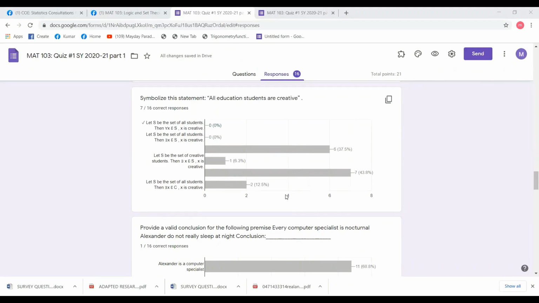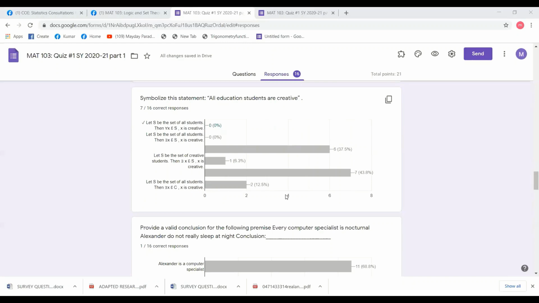Symbolize the statement: all education students are creative. We say all education students, so that means for all students. So where is the symbol for all there?